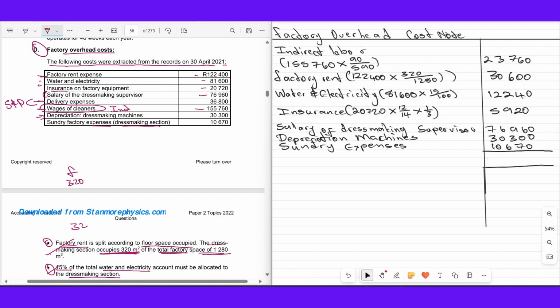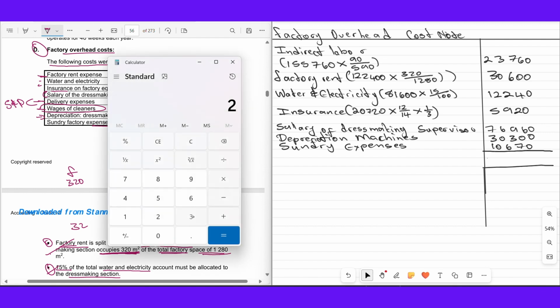Let's put it in a calculator. 23,760 plus 30,600 plus 12,240 plus 5,920 plus 76,960 plus 30,300 plus 10,670.